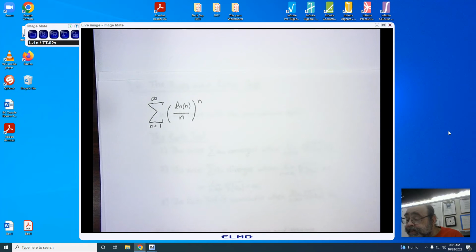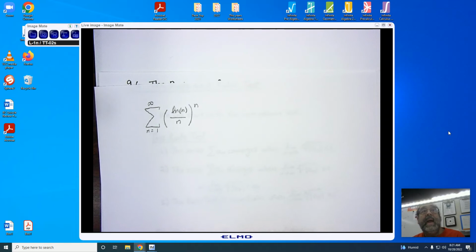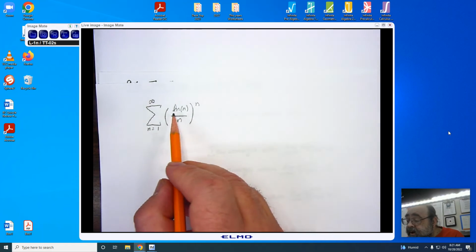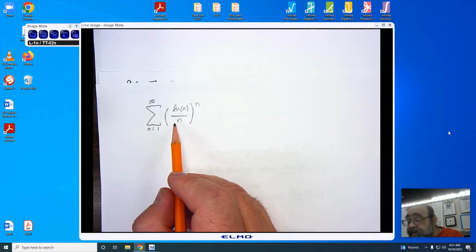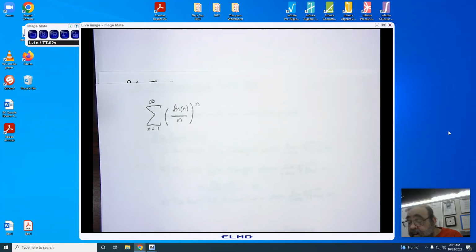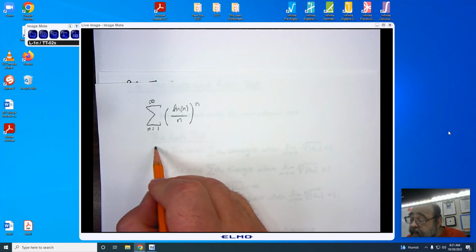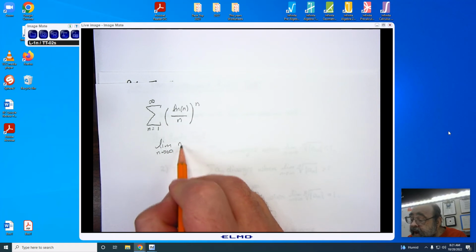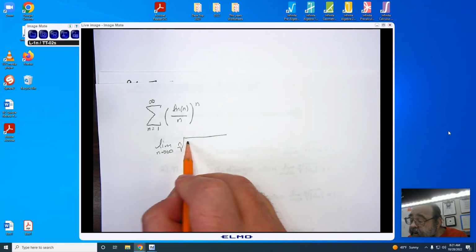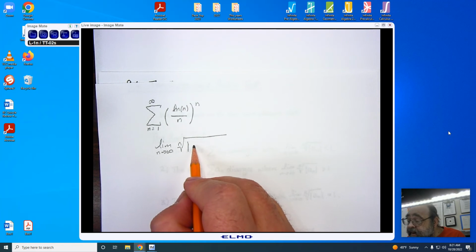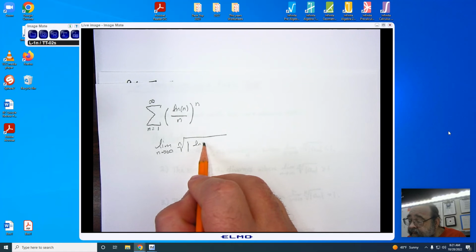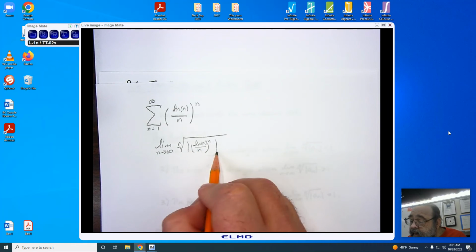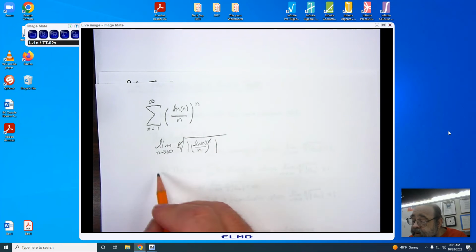Here's my last one. Now, here we have a situation where the natural log of n to the nth is slower than n to the nth by L'Hopital, so this does satisfy the nth term test, and I immediately go to the limit as n approaches infinity of the nth root of the absolute value of our a sub n, so I have ln of n over n, the quantity to the nth. The n powers are going to reduce.